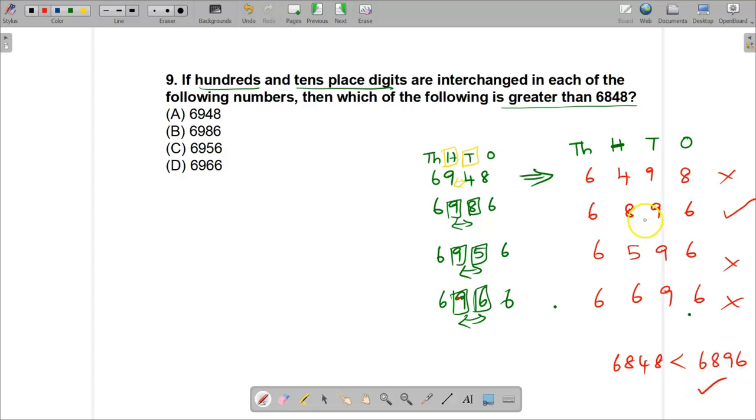So this one is correct. From where are we obtaining it? We are obtaining it from 6986. So the option is B, 6986, because we have obtained this number from this one.